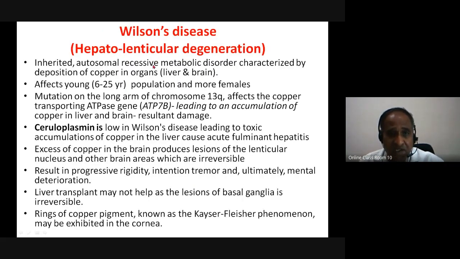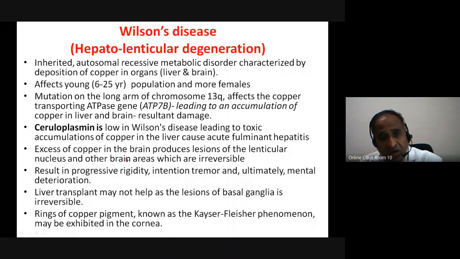Now coming back here, the copper transporting ATP gene defect leads to accumulation of copper in the liver. In this condition, the copper transporting plasma protein ceruloplasmin is low in Wilson's disease, and this leads to toxic accumulation of copper in the liver, and it produces hepatitis, a fulminant hepatitis.